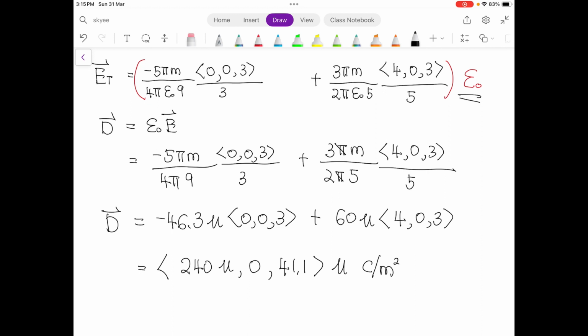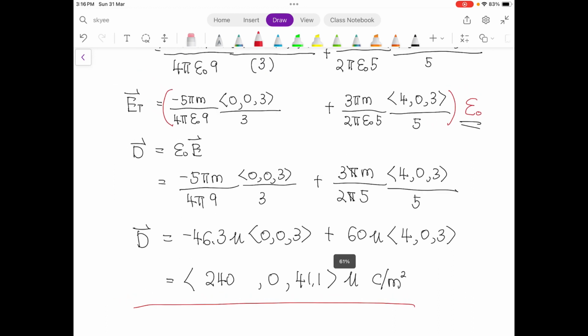So this one will be your answer. You don't need the micro because I put the micro outside. So this is how you find the electric flux density at one position using the formulas.